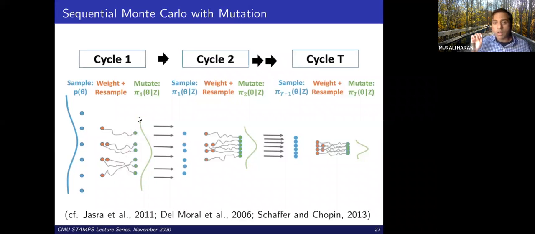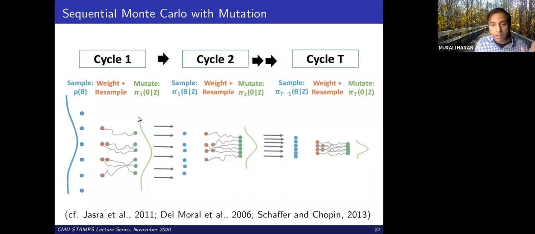And then you run small Markov chains on each of these particles to essentially get something that's perturbed, and you get a new set of particles for which you restart this process again, where you reweight and resample, and then you repeat this process. So you get pi2, and then you repeat this process.